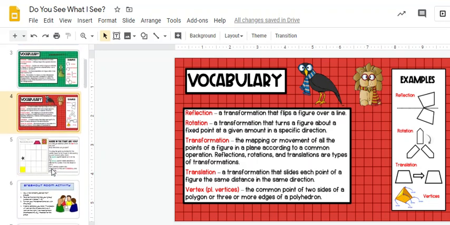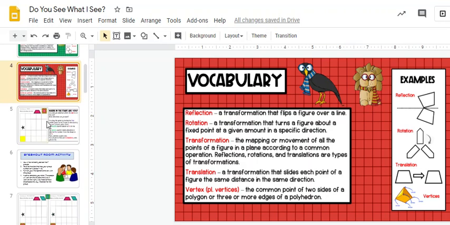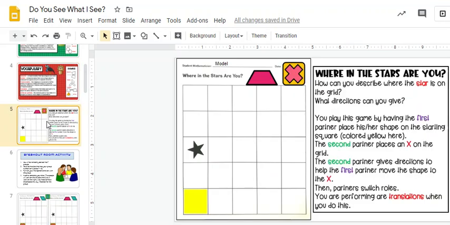Vertices. All right. So you're going to get to manipulate some things today as if you were playing games in the classroom. So the first activity is going to be: where in the stars are you? So how can you describe where the star is on the grid? What directions can you give? So you could say, this is the starting point, the yellow shaded square.